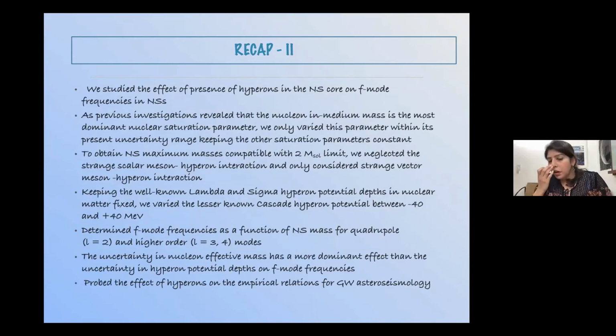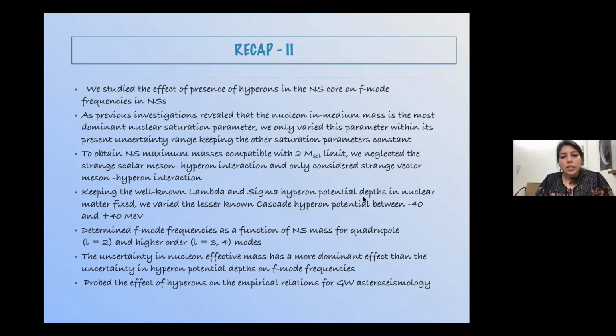For the second part of my talk, we extended this calculation to include hyperons in the neutron star core. And once again, we found the nucleon in-medium mass to be playing the most dominant role in controlling the F-mode frequencies. We also considered only the strange vector meson so that we can reproduce the 2 solar mass limit.